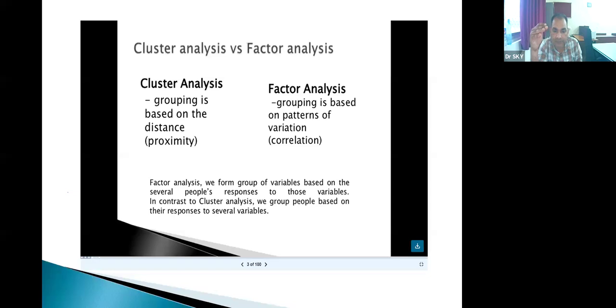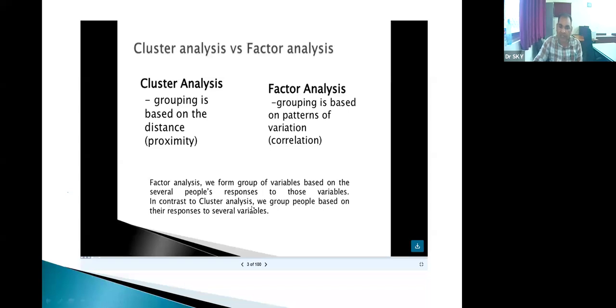Say we ask respondents two questions: what is your name, and by which name does your father call you. These two questions are very close to each other, very similar to each other. So both will be put in one factor or component, and this is going to reduce one dimension at least. And if there are other similar variables, it will further reduce the dimension of the data.